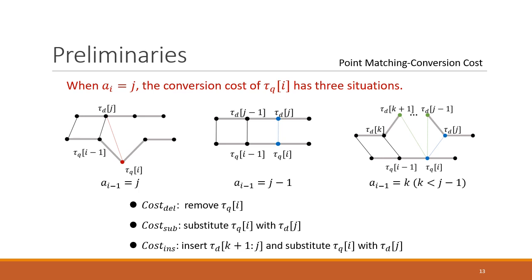When a_(i-1) equals j, we should delete tau q_i. When a_(i-1) equals j-1, we only need to replace tau q_i with tau d_j. When a_(i-1) equals k, where k is smaller than j-1, we need to substitute tau q_i with tau d_j and at the same time insert tau d_k at j.